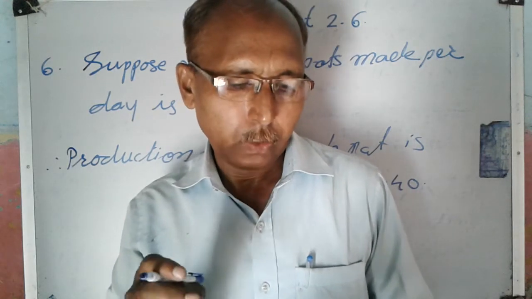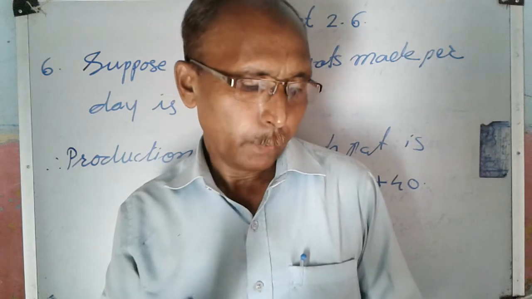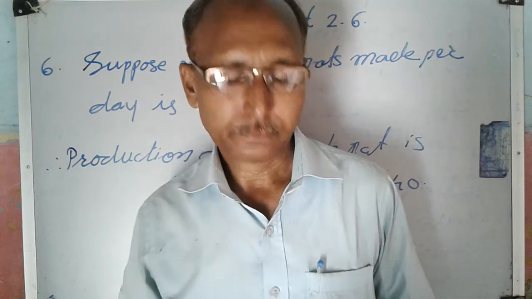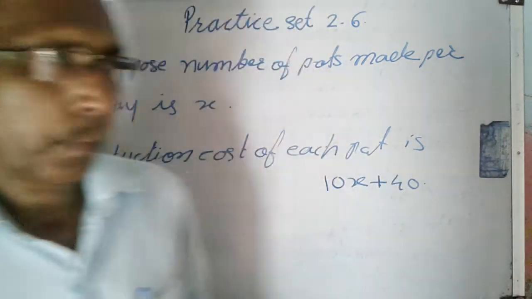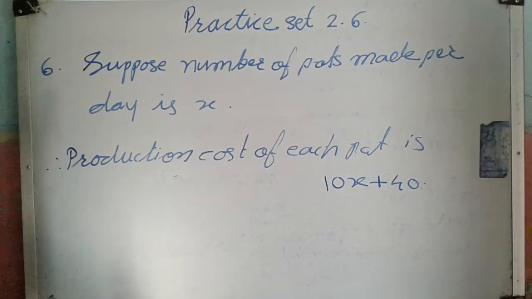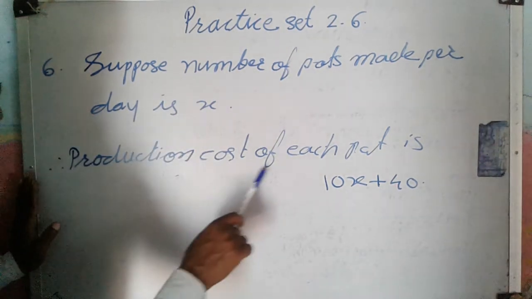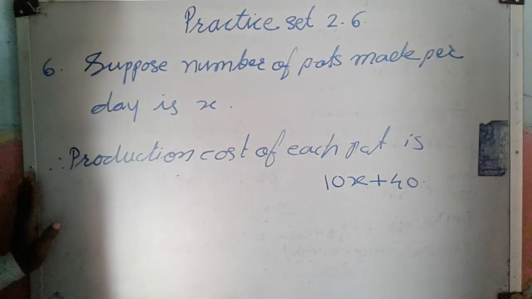If the production cost of all pots per day is rupees 600. Now the production cost of all pots, that means the number of pots multiplied by the cost of each pot.